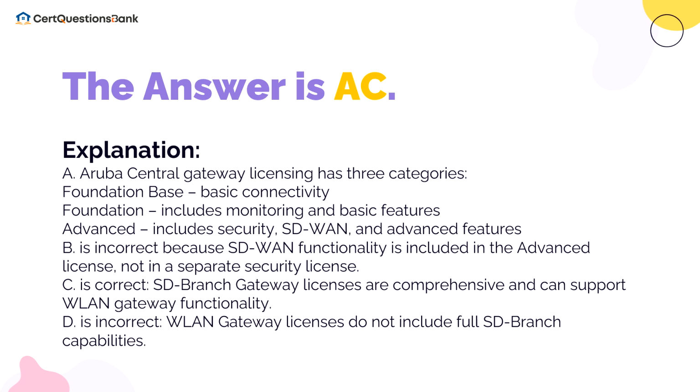B is incorrect because SD-WAN functionality is included in the Advanced license, not in a separate security license. C is correct. SD-Branch gateway licenses are comprehensive and can support WLAN gateway functionality. D is incorrect. WLAN gateway licenses do not include full SD-Branch capabilities.